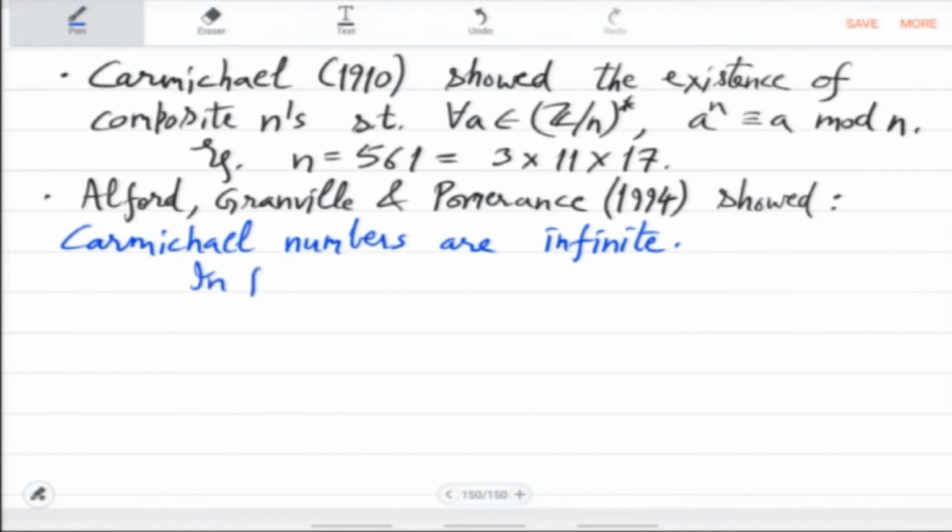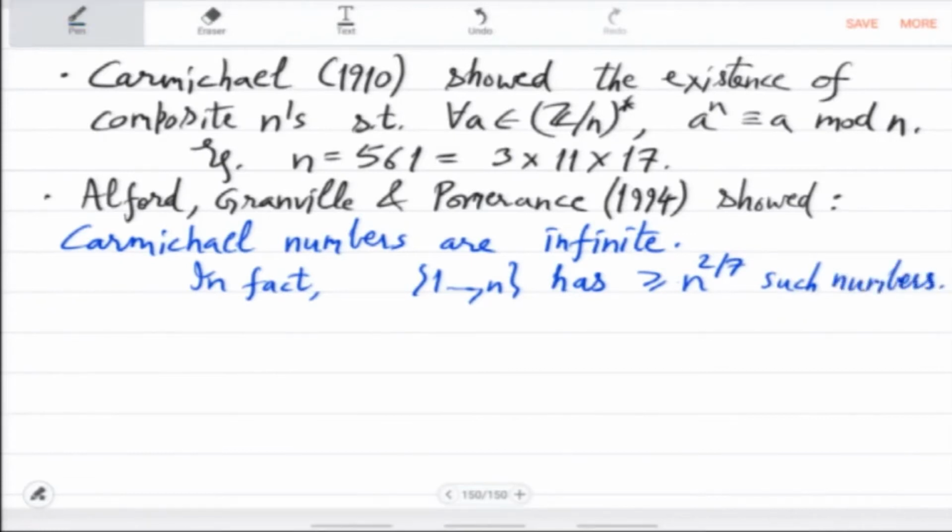In fact, they also gave a density lower bound: in 1 to n, there are at least n to the 2 by 7 such numbers. So they convincingly show that the Fermat test fails horribly. There are a lot of counterexamples, even if you try all the A's.